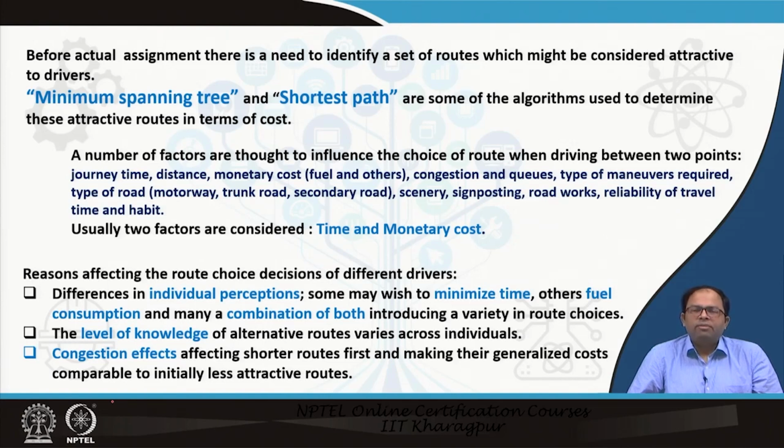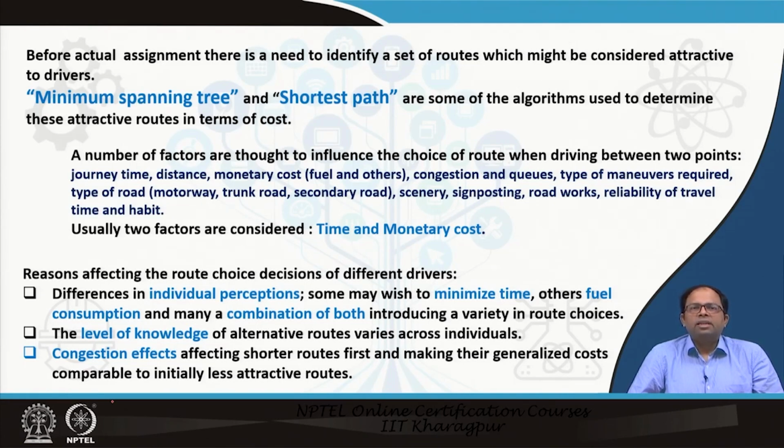So even though everybody wants to go along the shortest path, the definition of shortest path actually differs in different individuals. That is why when we are talking about this user equilibrium, because people choose different shortest paths, it actually leads to a form of equilibrium where the number of users choosing different paths will actually balance itself. Then the level of knowledge of alternative routes varies across individuals, that also is true.